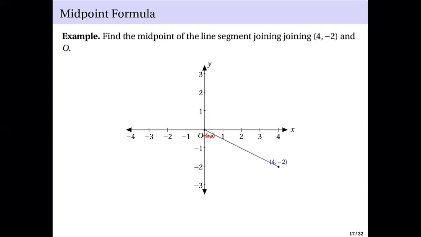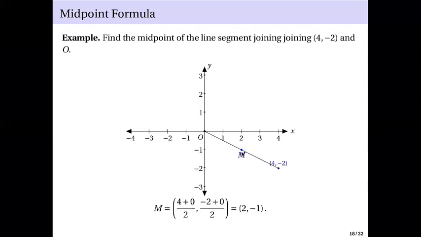Which means we calculate the midpoint. 4 plus 0 divided by 2, that's for your x. And then for your y, -2 plus 0 divided by 2. And if we simplify this, we'll just get 2, -1. And then here is our midpoint M.